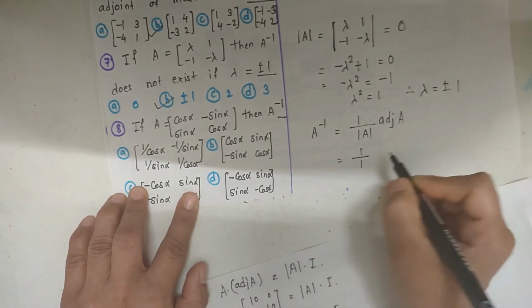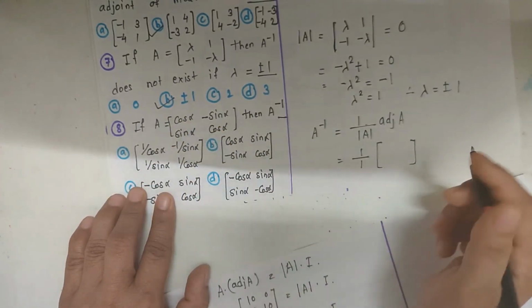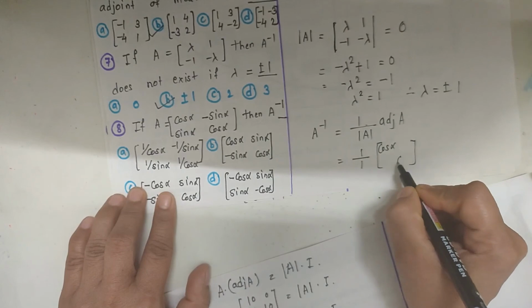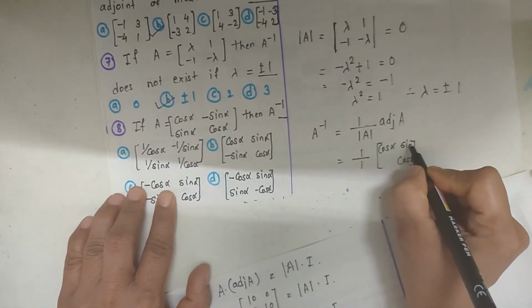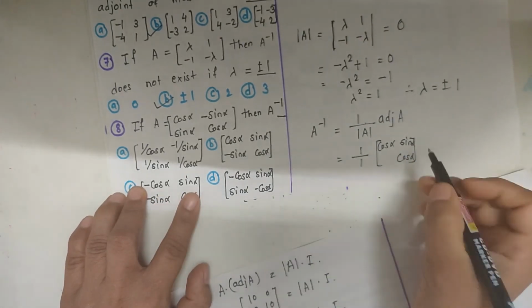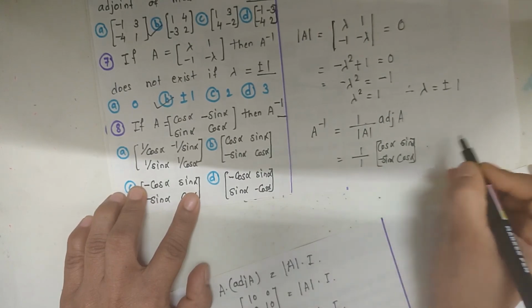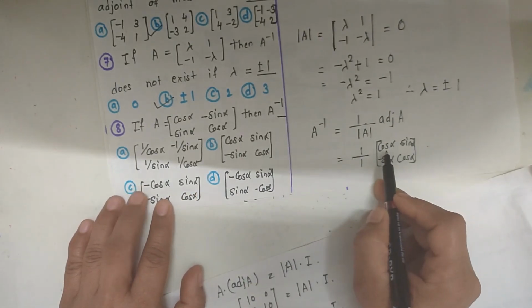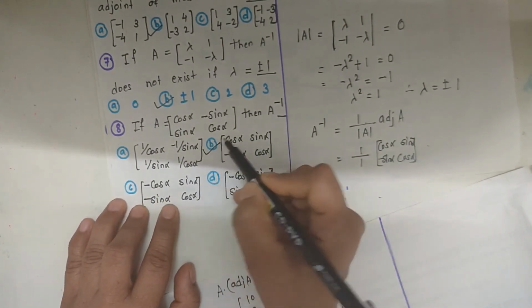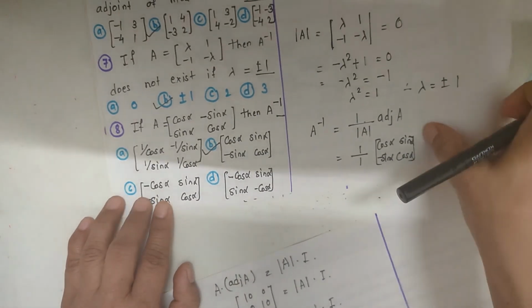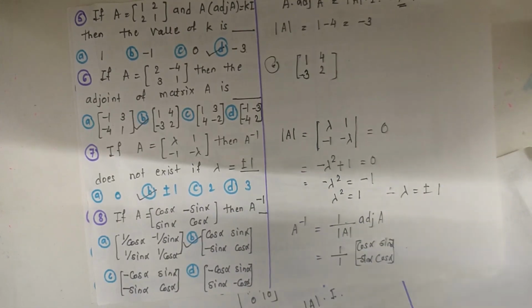The adjoint of A can be obtained by exchanging the diagonal elements, that is cos alpha, and exchanging the sign of the non-diagonal elements. Then we get the second elements with opposite sign, sin alpha and minus sin alpha, and the correct option is cos alpha sin alpha minus sin alpha cos alpha. Correct option is B. In this way we have solved some MCQs on matrices.